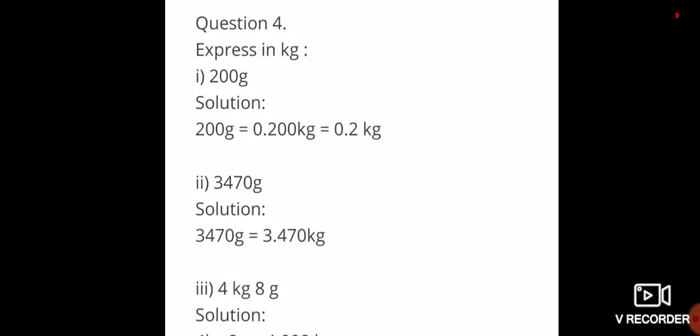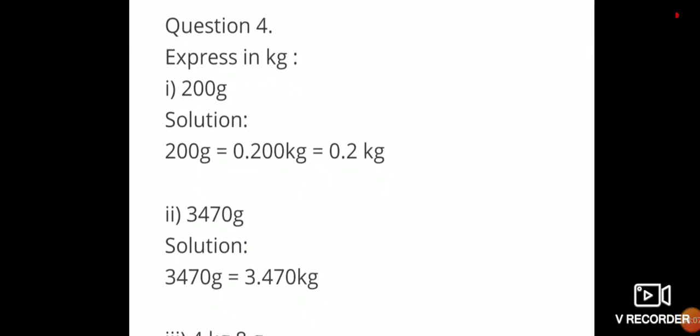Next, question number 4, express in kg. We have to express the given grams into kg.